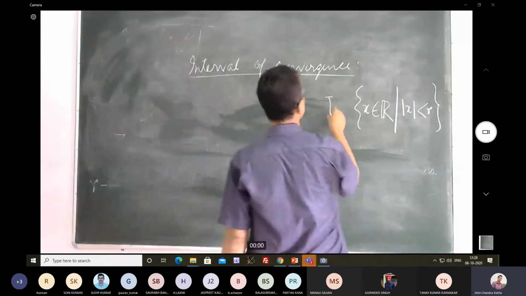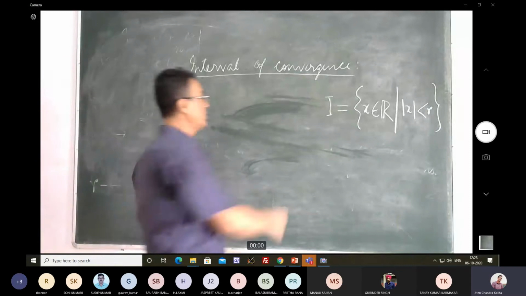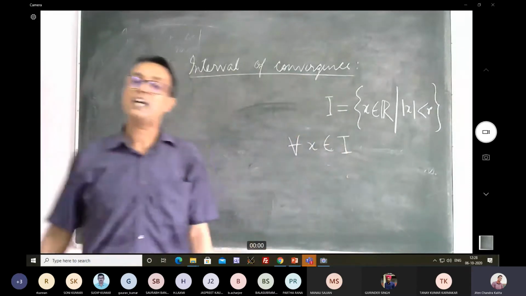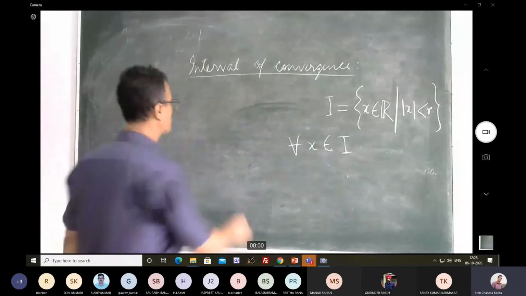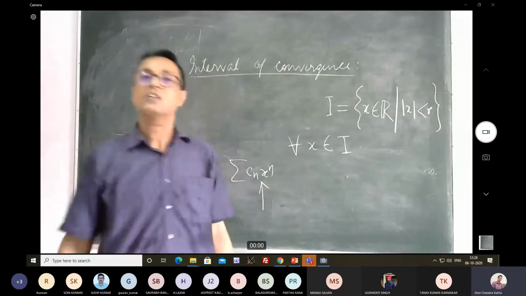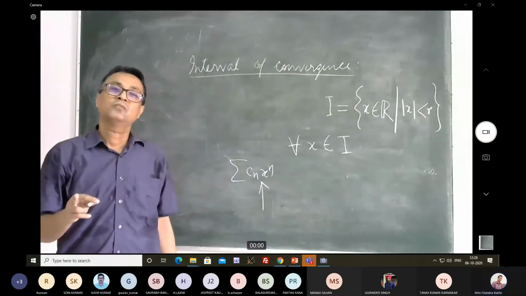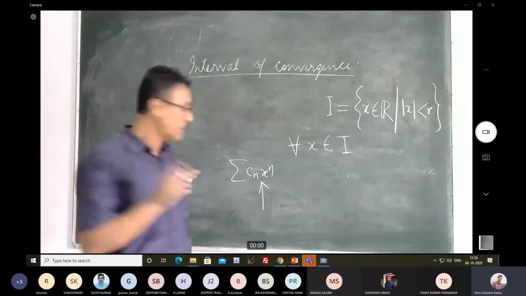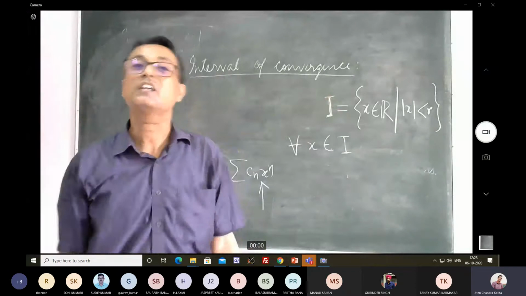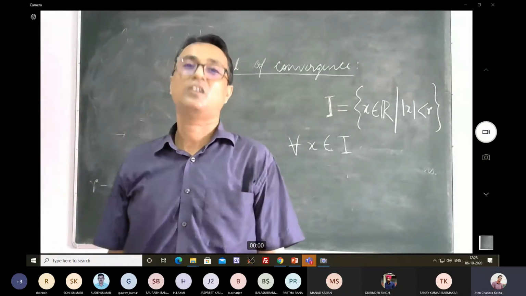So for all x lying in I, this given series is always going to be convergent. Is it okay with everybody? Fine. So this set is called the interval of convergence.